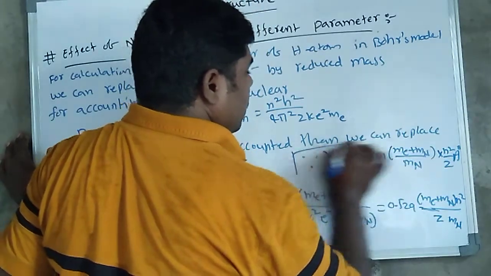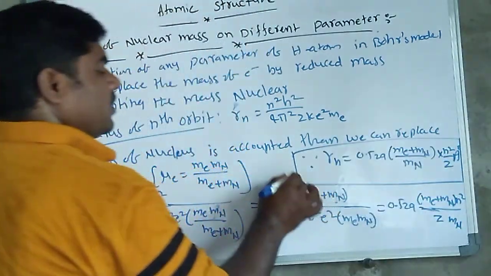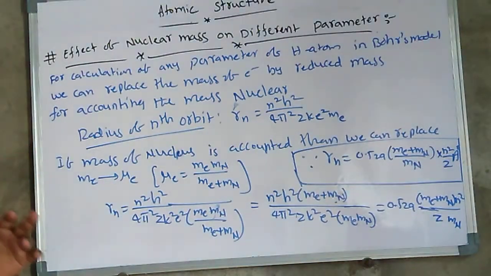This is the final radius value. Here the mass of the electron compared to the mass of the nucleus is very small. In that situation, this is the formula.